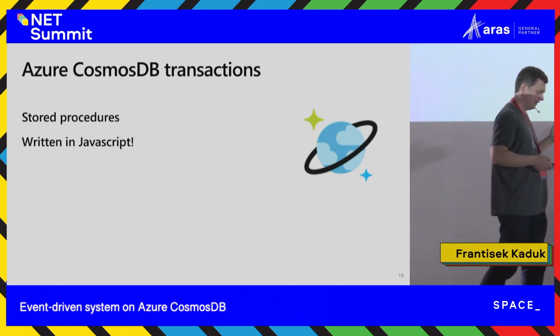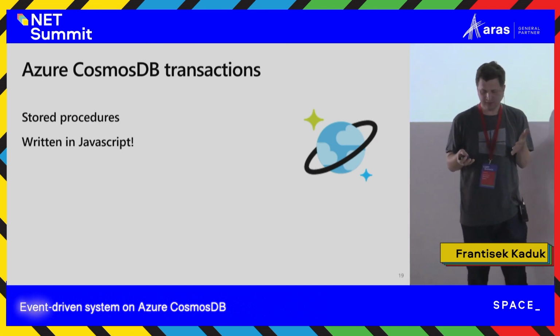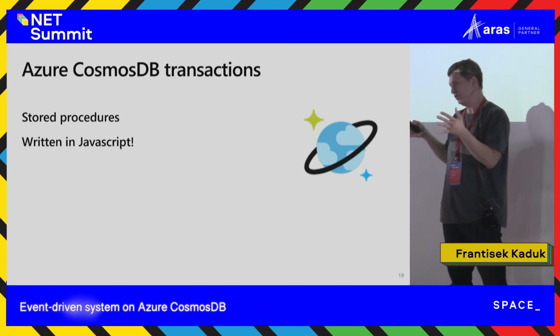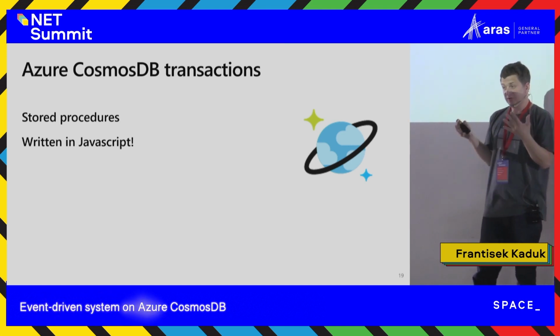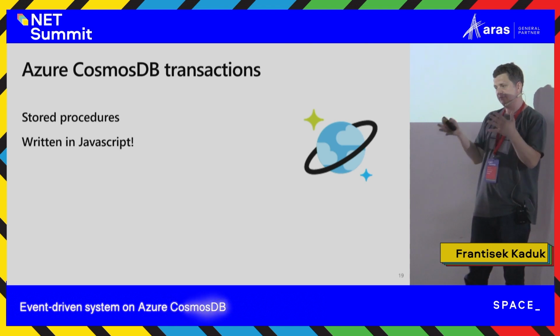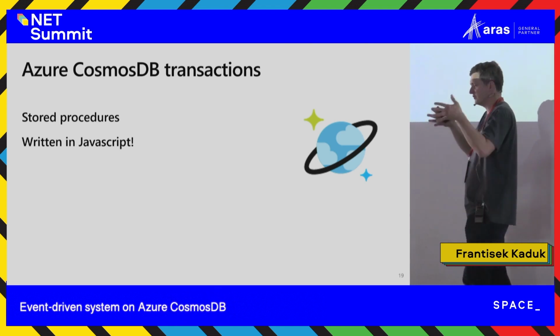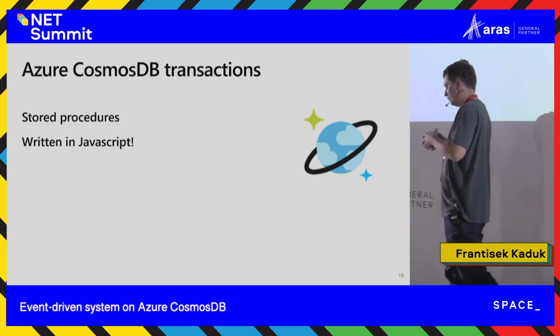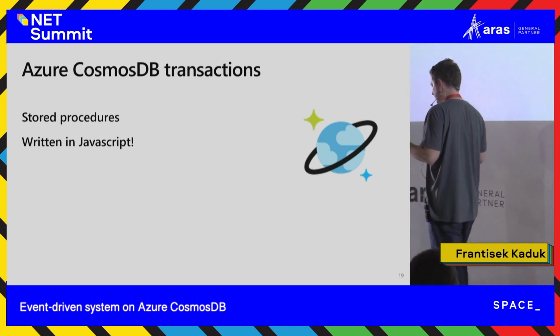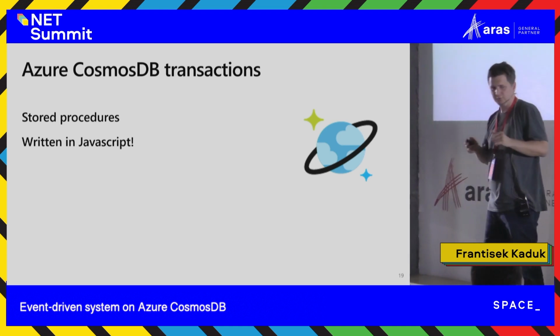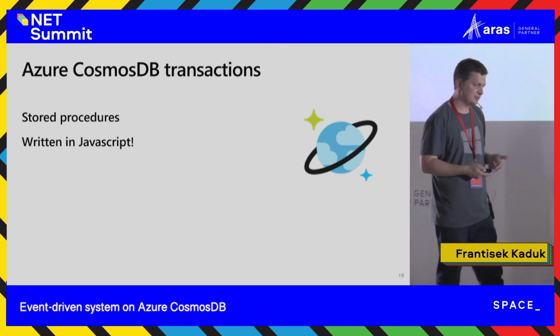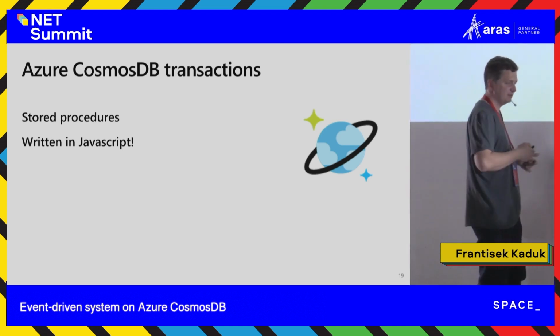And because this is a database where you are storing JSON documents, stored procedures are written in JavaScript. This is the only way you can force the transactions to be done. The transactions are done only via stored procedures, and they are written in JavaScript.